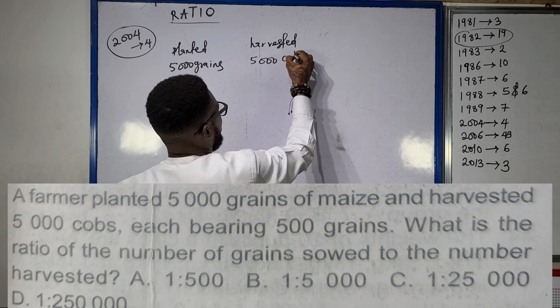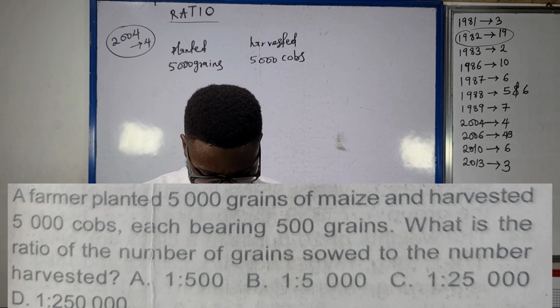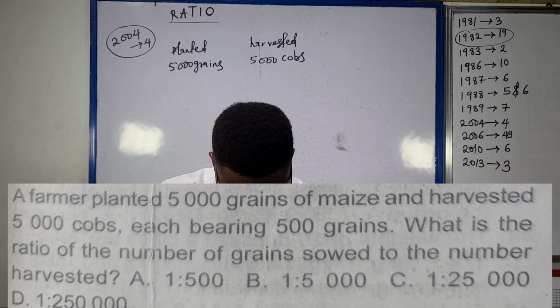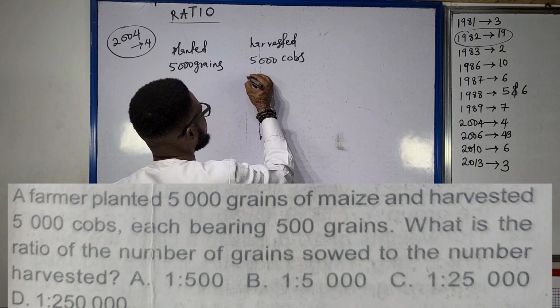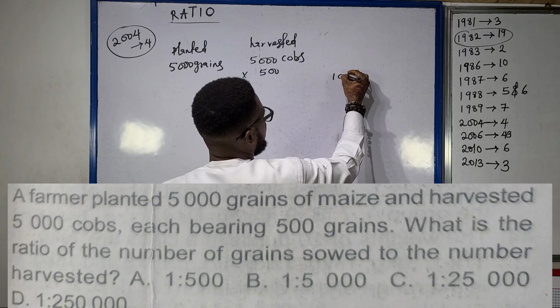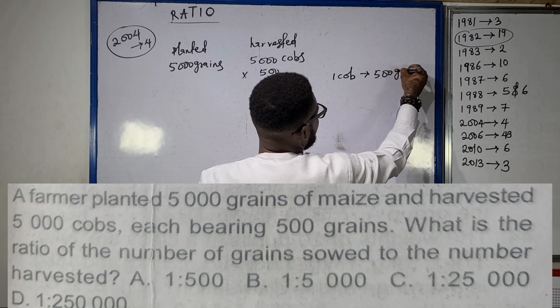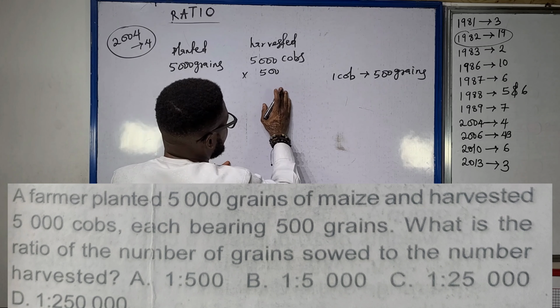But that does not rhyme in terms of a unit. In this question, we were told that each cob bears 500 grains. One cob actually equals 500 grains. So 5,000 times 500.